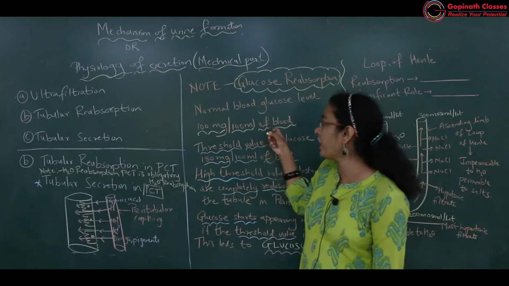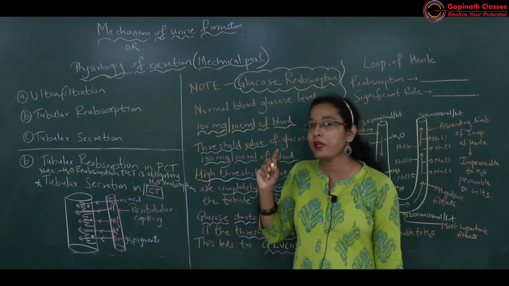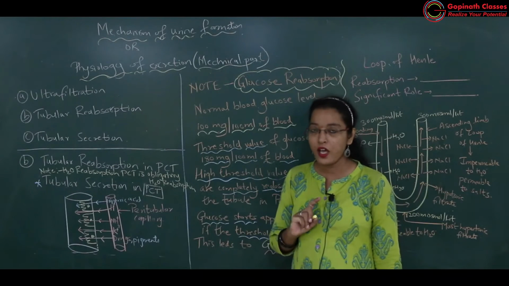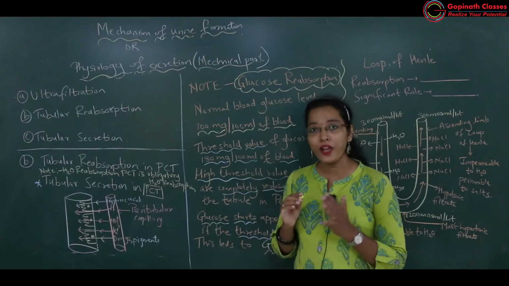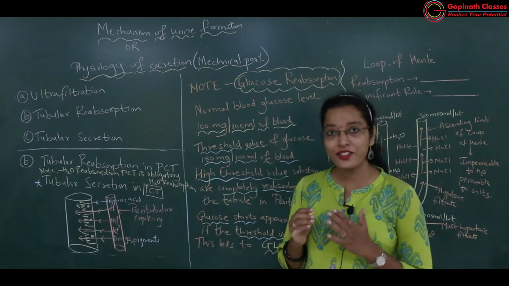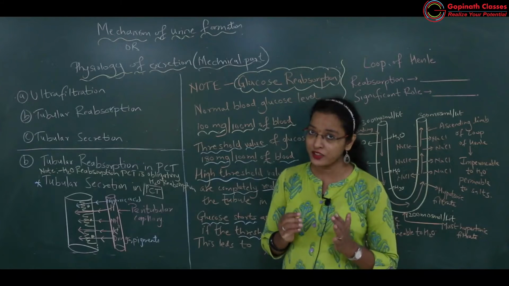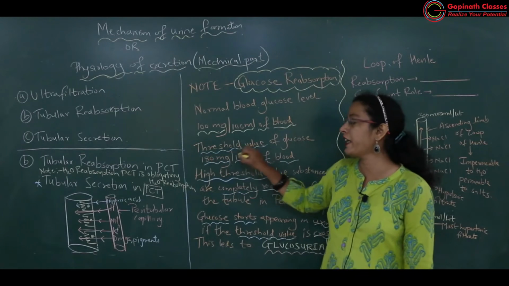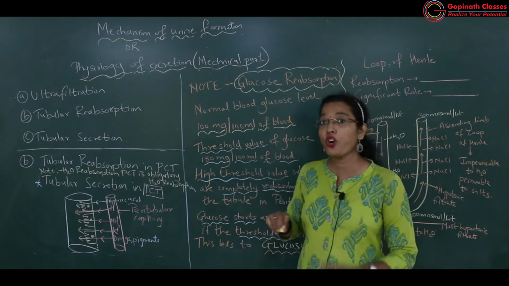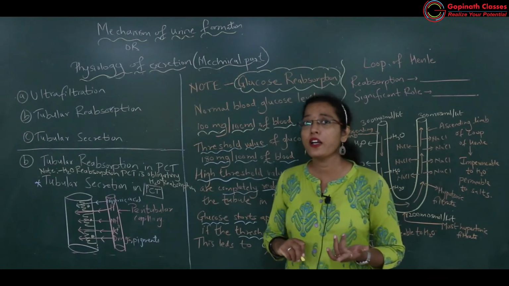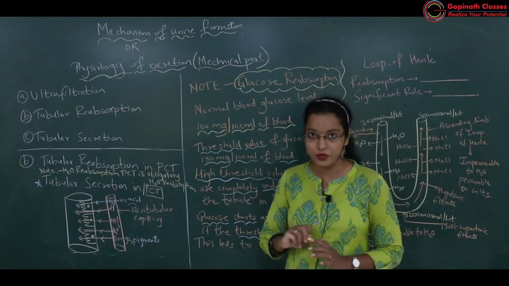Okay, so 100 ml of blood has 100 milligram of glucose, and the threshold value for the concentration of glucose which should be there in the blood, the maximum it should not exceed 180 milligrams.